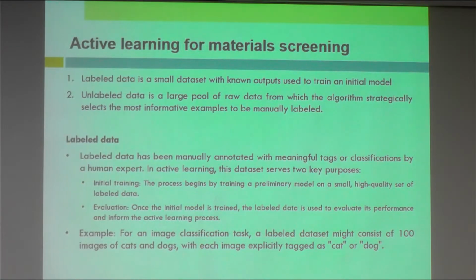So that is labeled. So you have, let's say, 100, as mentioned here. Otherwise, you do not know whether the image is a cat or dog. So this is where the human expertise will be required to identify cats and dogs from the beginning to label them.